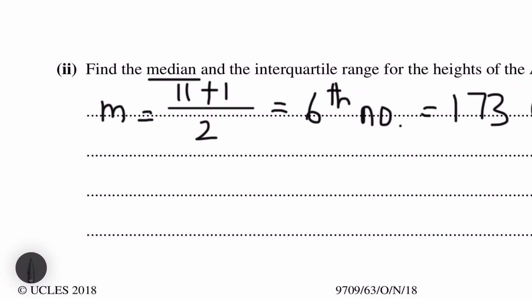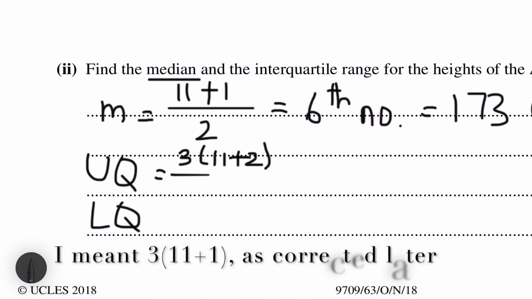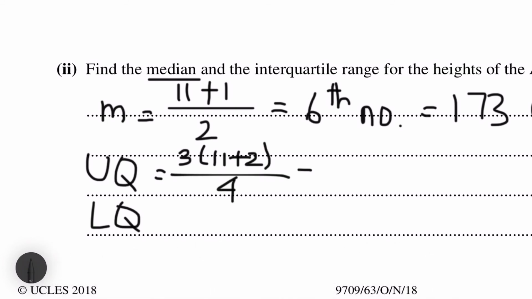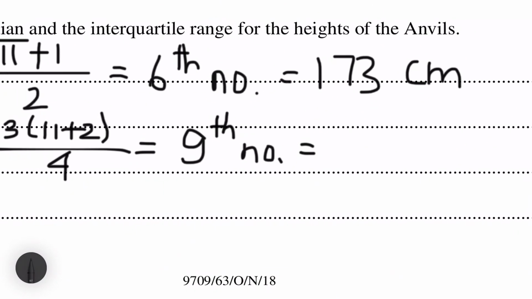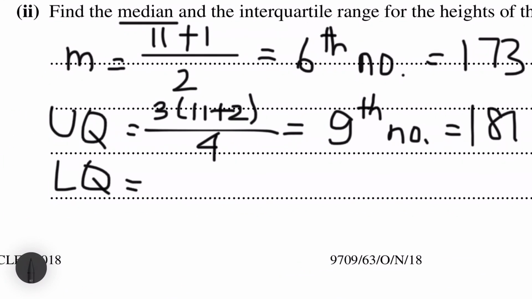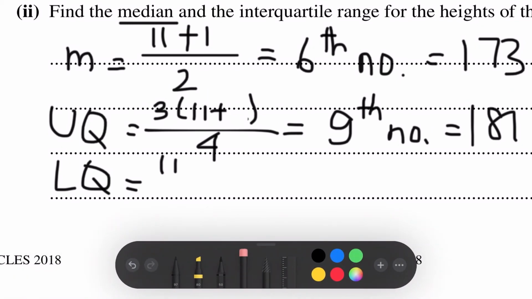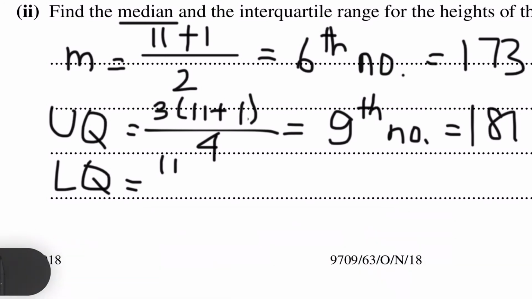Now for interquartile range, you need the upper quartile and the lower quartile. For the upper quartile, you need to do the same thing as your median, but you have to multiply 3 and divide that by 4. So you're looking for the 9th number. So 6, 7, 8, 9, 181. Now for the lower quartile, sorry, this is 1 instead of 2.